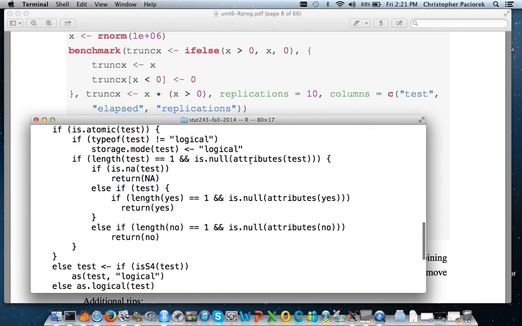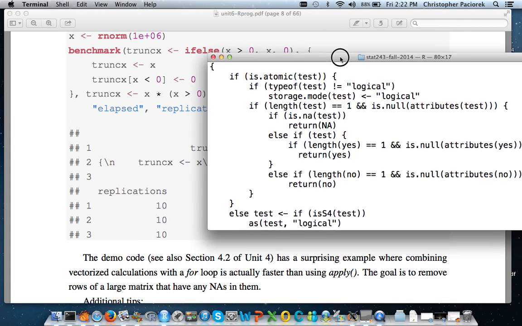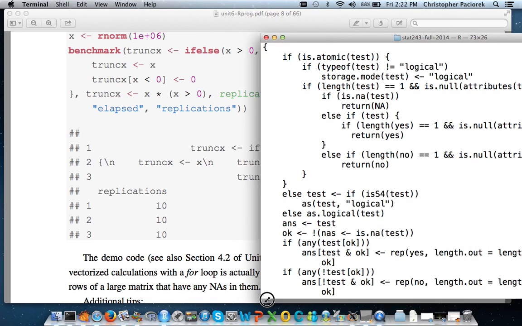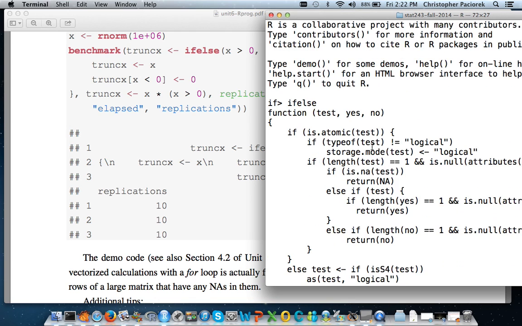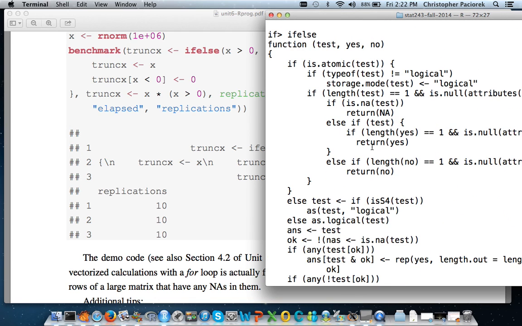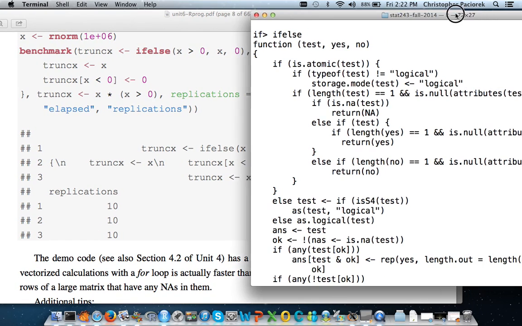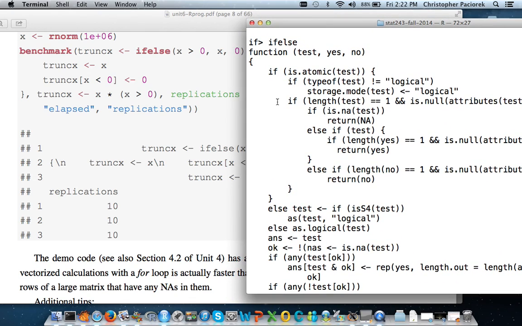And here's the if-else. Those of you who have your computer, it'll be a little bit easier to see. Okay, so there are the 3 ways of doing it. Here's if-else, so see if you can get a sense for why the if-else is slow, and make sure you understand what's going on here, and then we'll reconvene in 30 seconds or a minute or so.